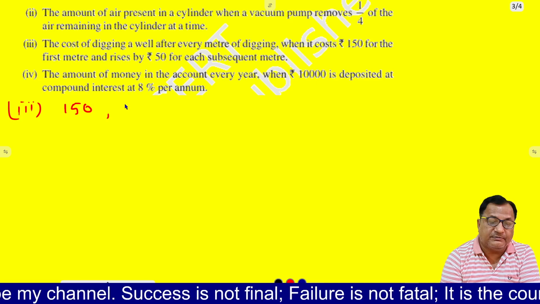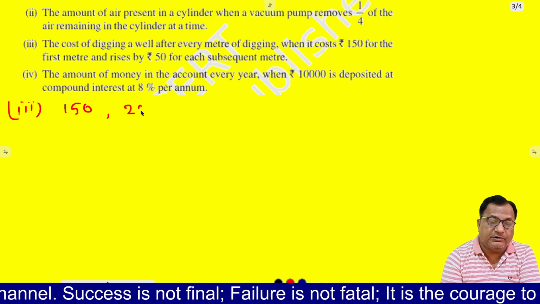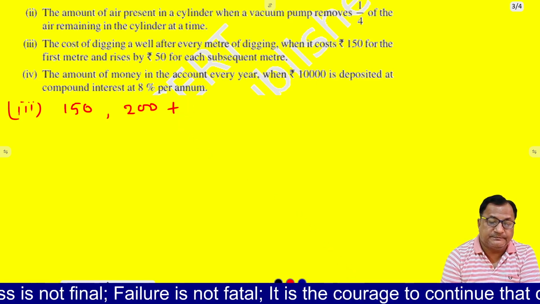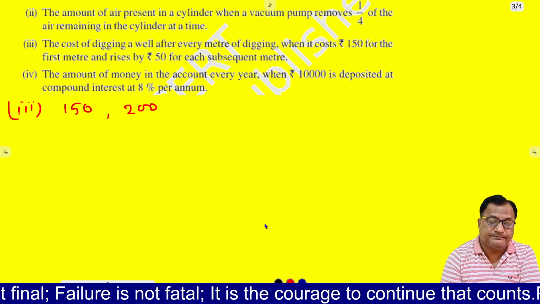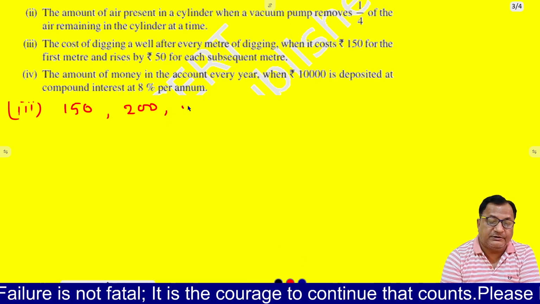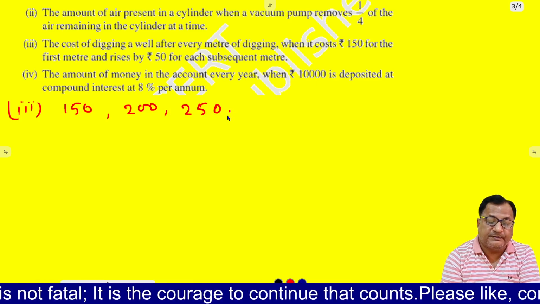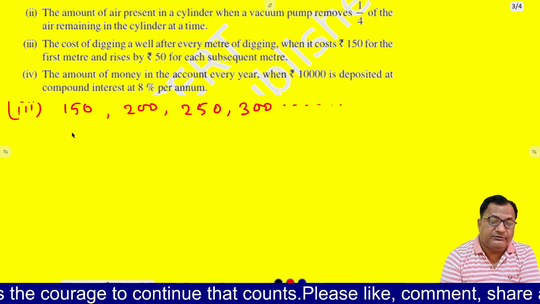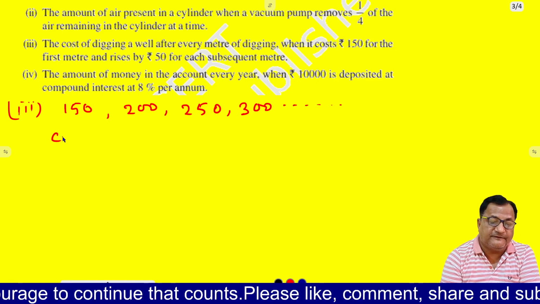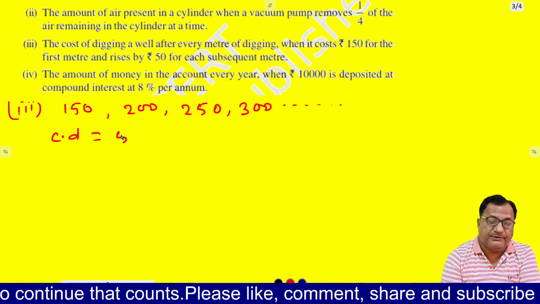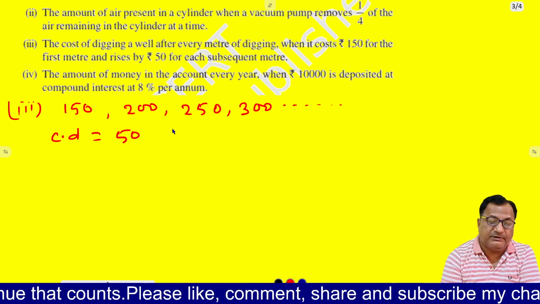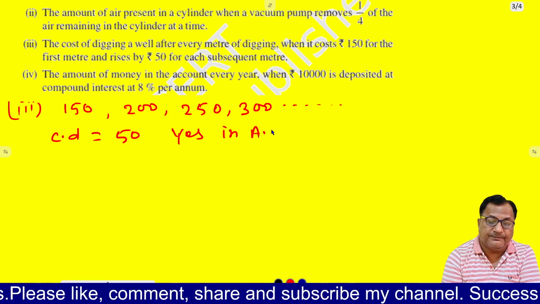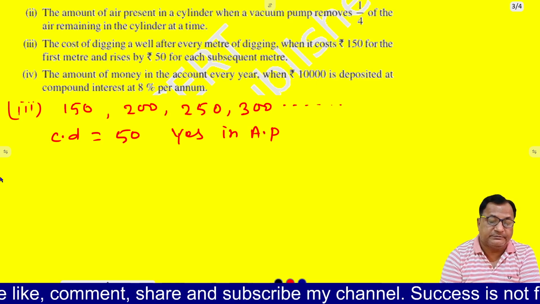For the second meter, it will be 200, then 250, then 300. In this way, it is coming. So here the common difference is 50. So yes, it is in AP.